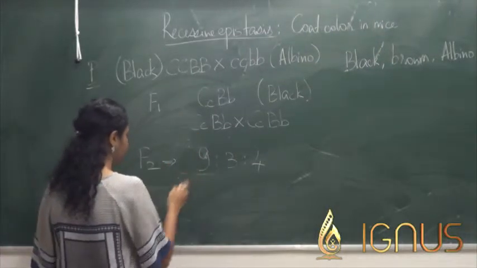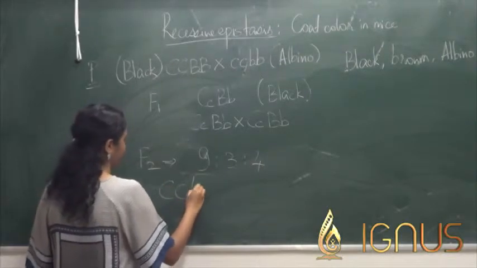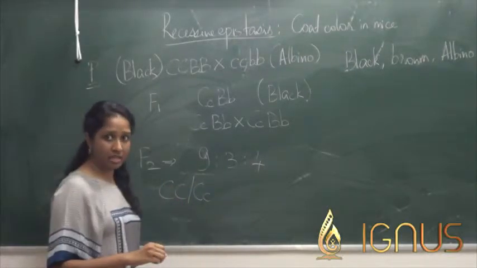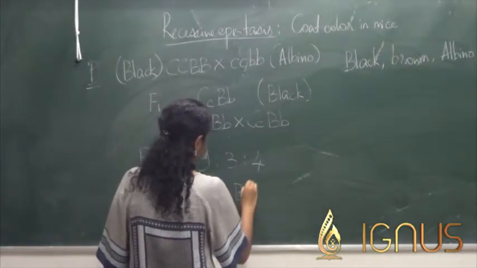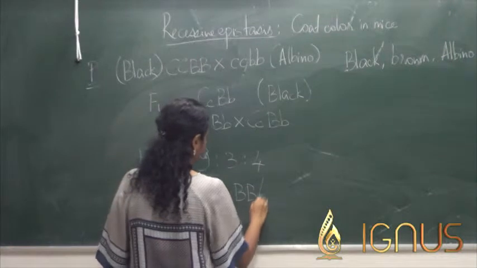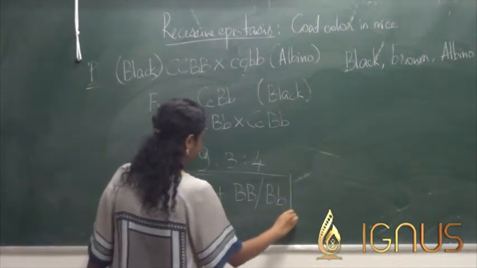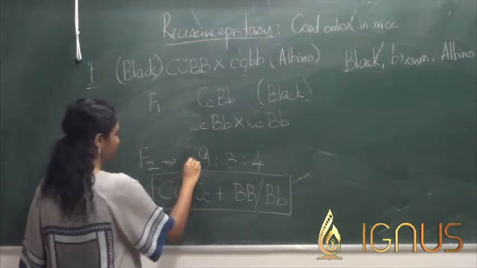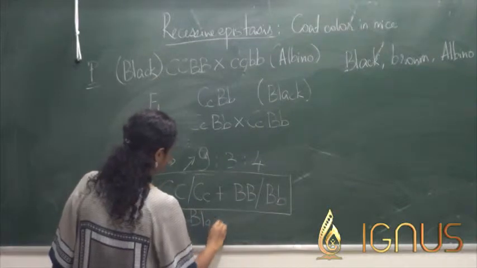So the majority, 9, will be homozygous dominant C or heterozygous C with homozygous B or heterozygous B. So this combination will be the dominant one, which is going to give black color.